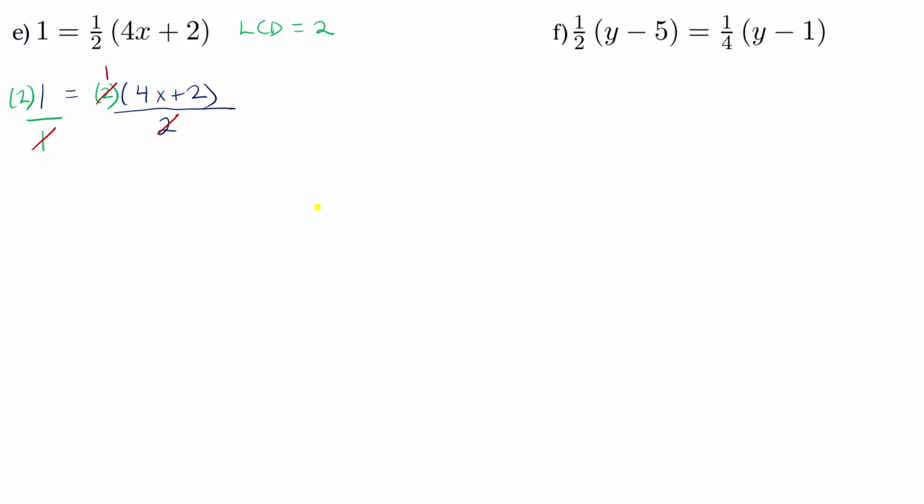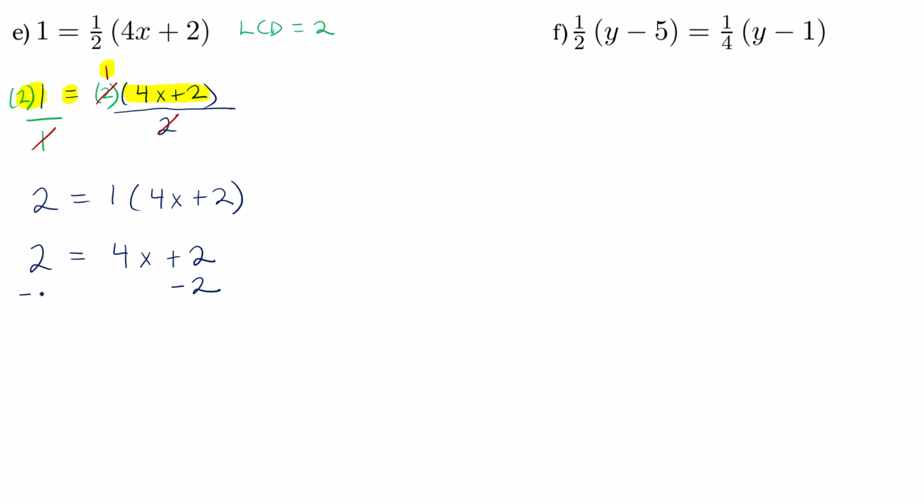So for this one, again, I'm going to show with my highlighter what I have left after I've canceled stuff out. So 2 multiplied by 1 equals 1 multiplied by all of this. So I'll rewrite this. 2 multiplied by 1 is 2, and that's equal to 1, 4x plus 2. So like I said before, 1 multiplied by 4x plus 2 is just 4x plus 2.